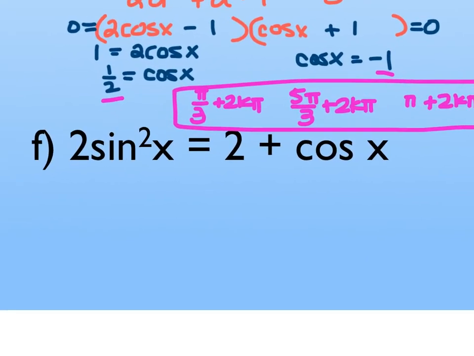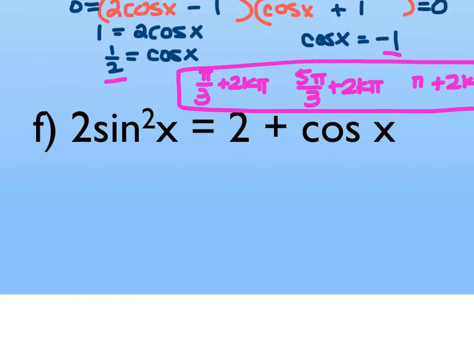All right, F. F says 2 sine squared x equals 2 plus cosine x. So this is the first one we've had in which we have 2 different trig functions. We need to change it so that it has the same trig function. So this is where we pull back in our trig identities from 5(1) and 5(2). I can't change cosine to be anything dealing with sine if it's raised to the first power, but I can rearrange my Pythagorean identity that has sine squared and cosine squared to replace sine squared.